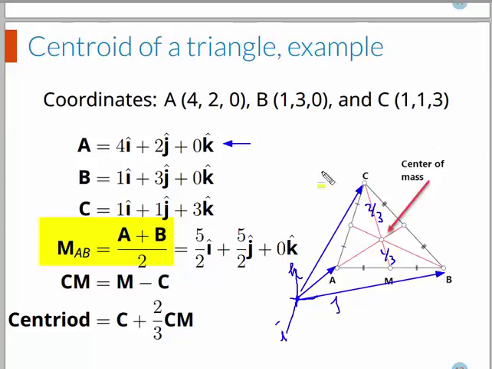Now if I want the line from C down to M, I can give that as M minus C. So now there's a vector here.